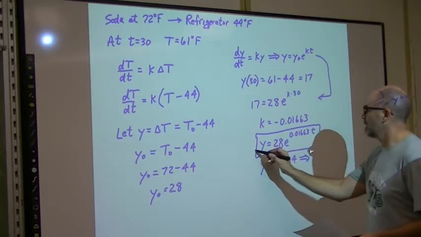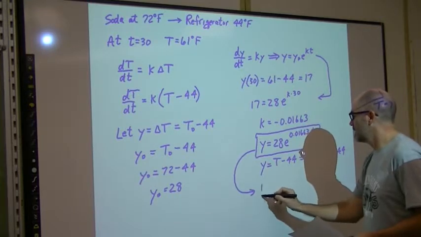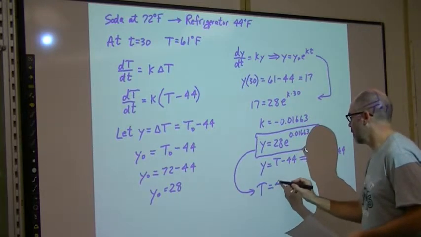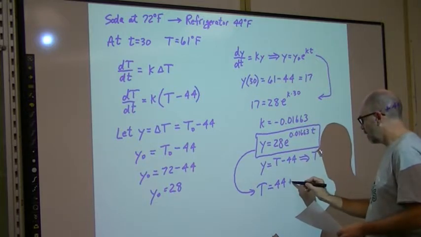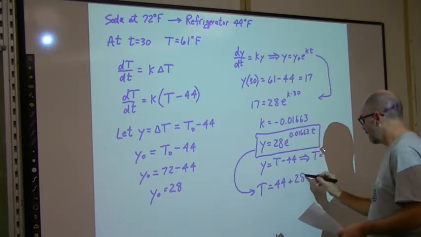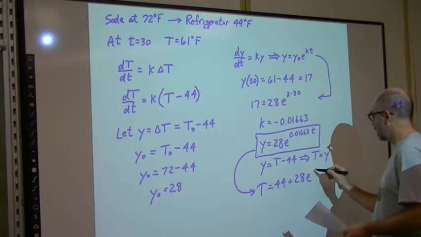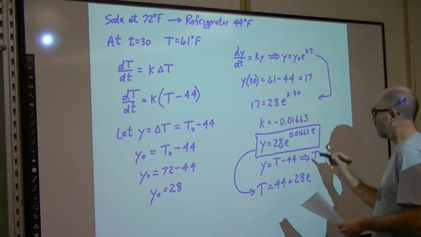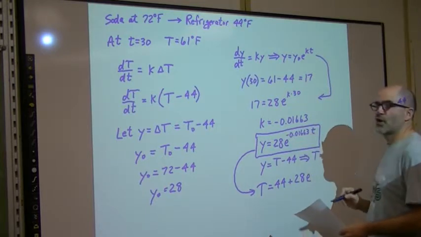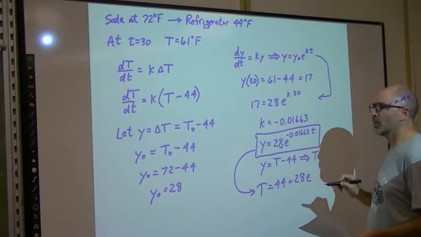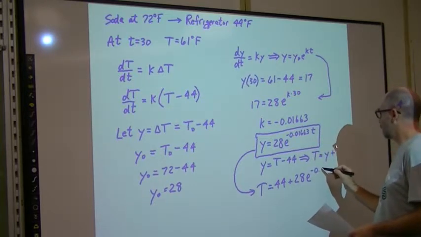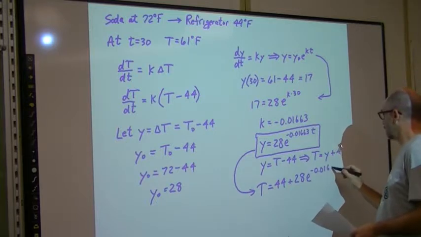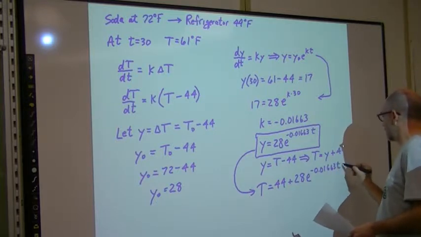Okay, so that means I can go T equals 44 plus 28 e to the, you thought I forgot that negative, I knew it was there all along, to the negative 0.01663t.